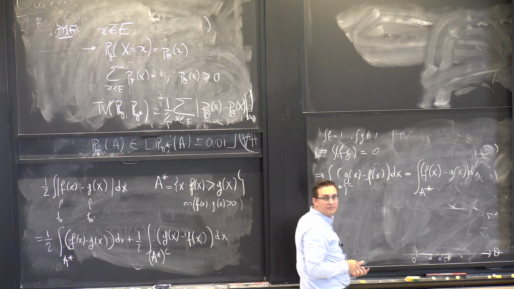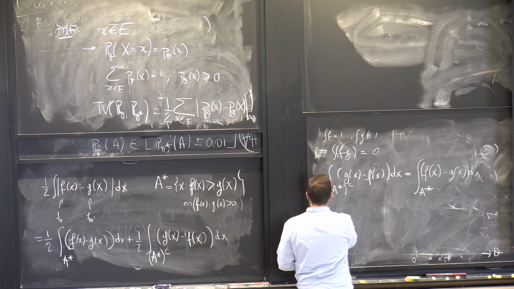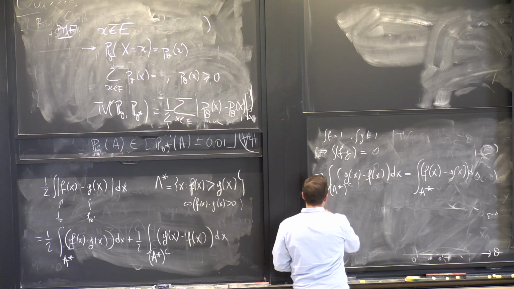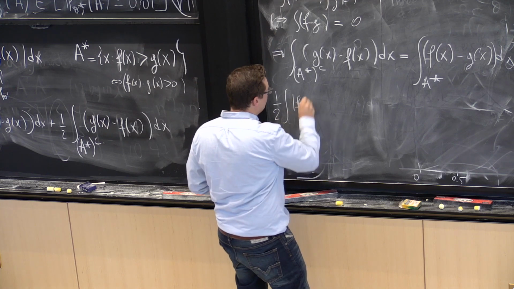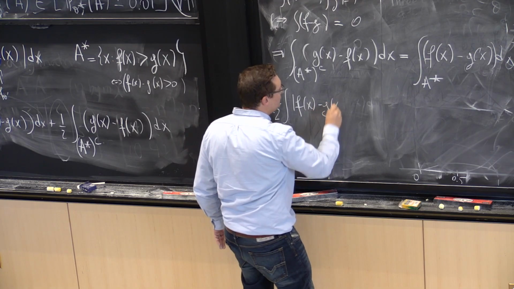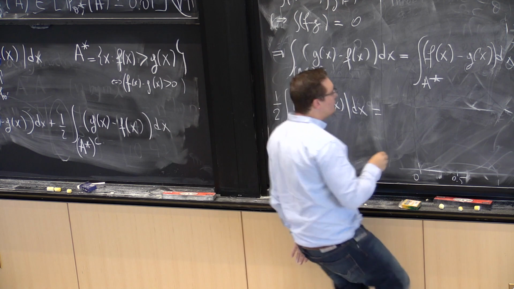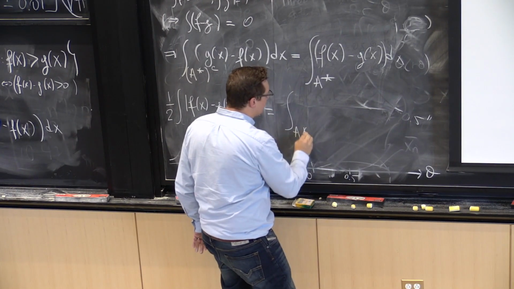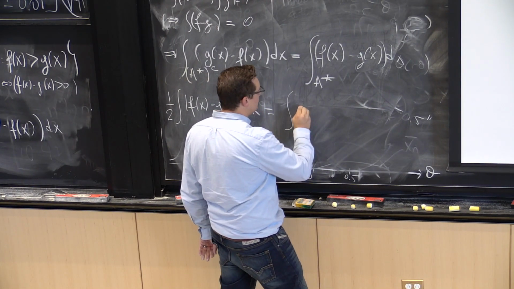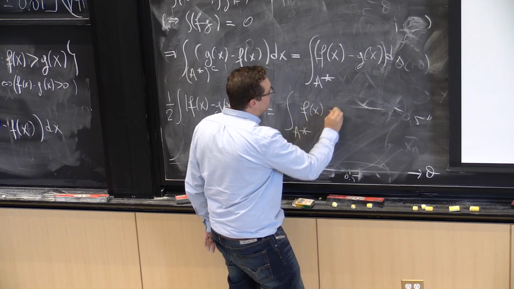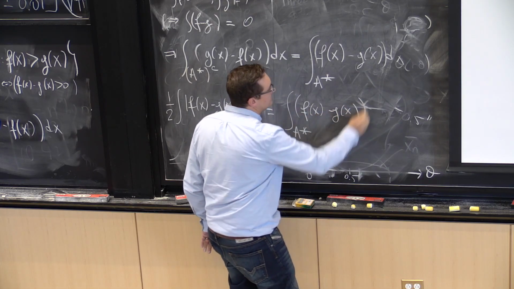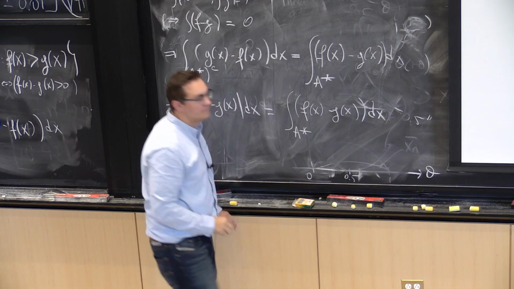Right? So I have 1/2 of this plus 1/2 of the same guy. So that means that 1/2 of the integral of f minus g absolute value, so that was my original definition, is actually equal to the integral on A star of f of x minus g of x dx.